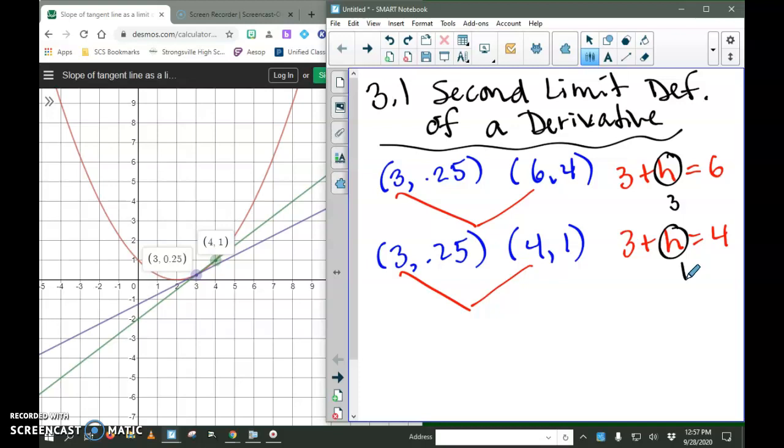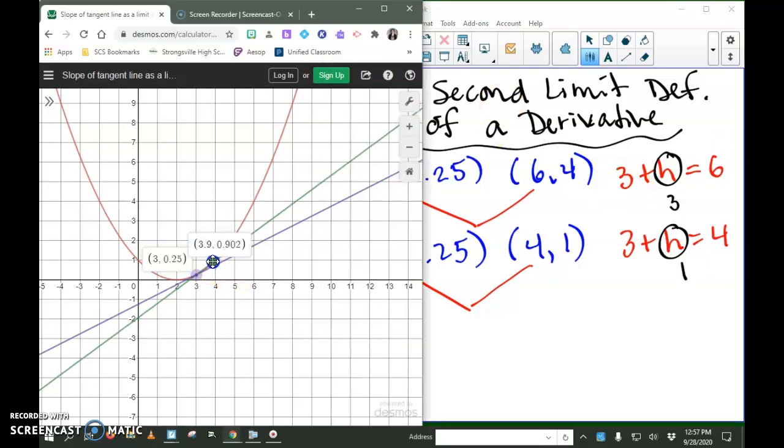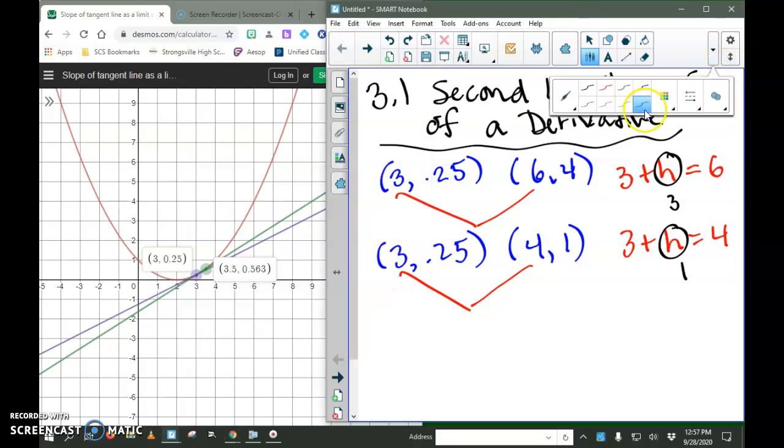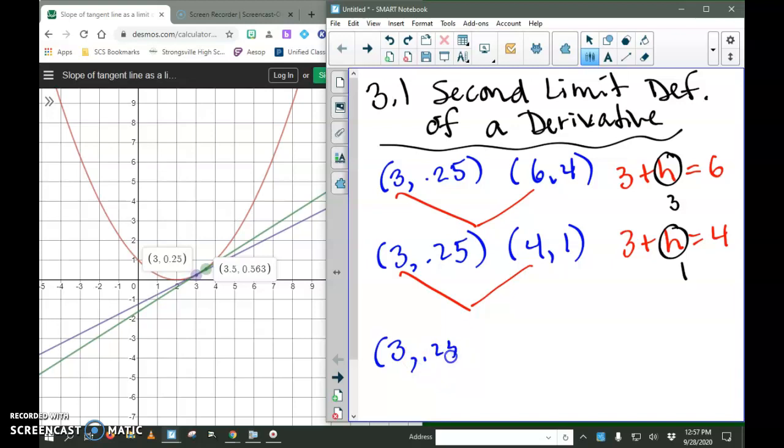Okay? And so on. I'm going to choose another point that continues to move closer. Let's see if we can get 3.5 in here. That's pretty good. All right, so again, now I have another set of points that are being compared. Again, my point of tangency, okay, along with this new point, (3.5, 0.563).